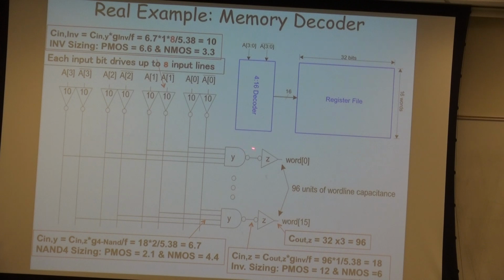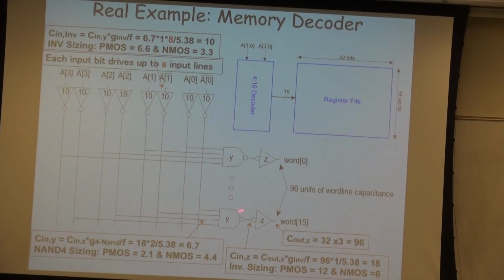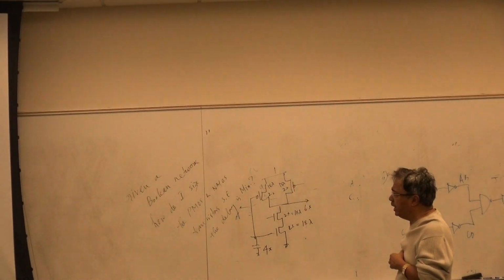Now we go back, use the same formula to find out the capacitance over here. C in at Y is given by C in Z divided by Z4 multiplied by G4 divided by F. So here it is 18. The logical effort of a 4-input NAND gate is 2. Stage effort is 5.38. So the capacitance over here is 6.7.